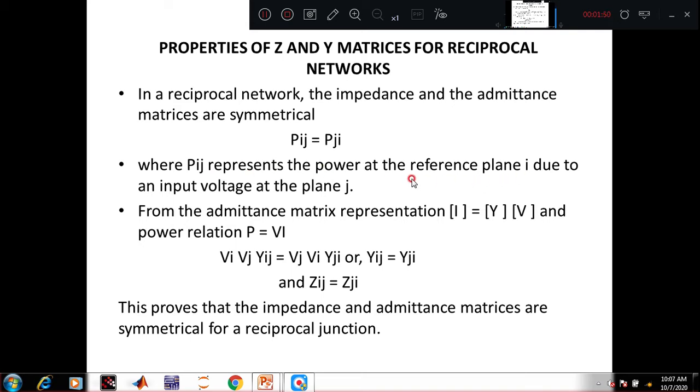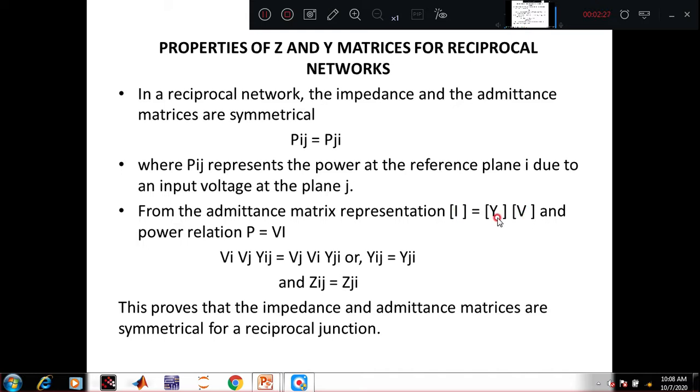If I take plane i as the reference plane, due to the input voltage applied at plane j, the power you get, Pij, is the same as the power at the reference plane j with respect to the input voltage applied at plane i, right? If you consider the power measured from port i to port j or port j to port i, you will get the same.